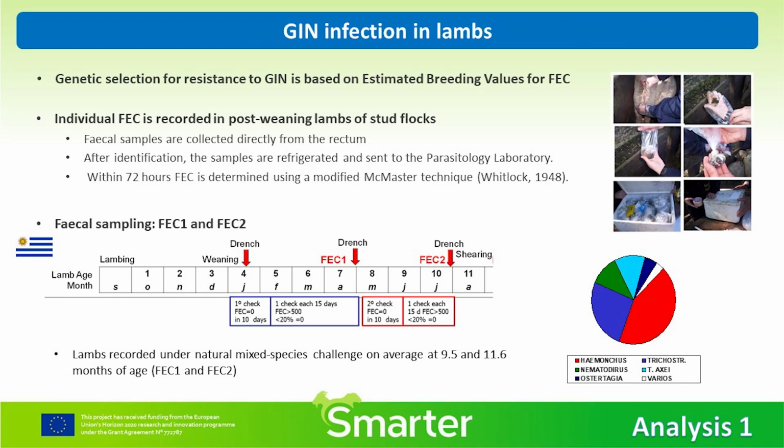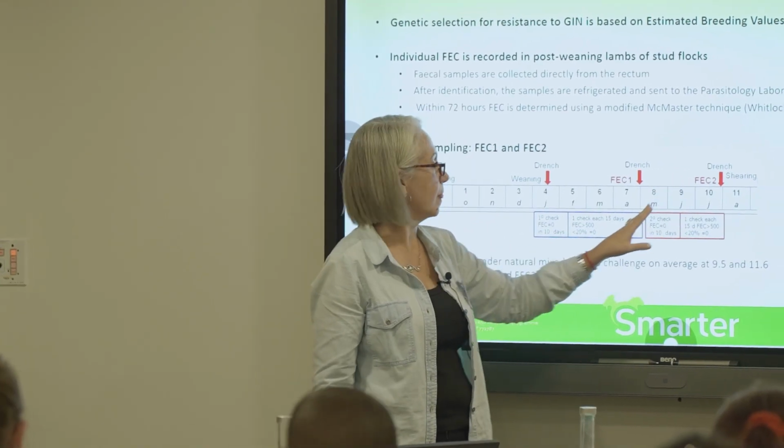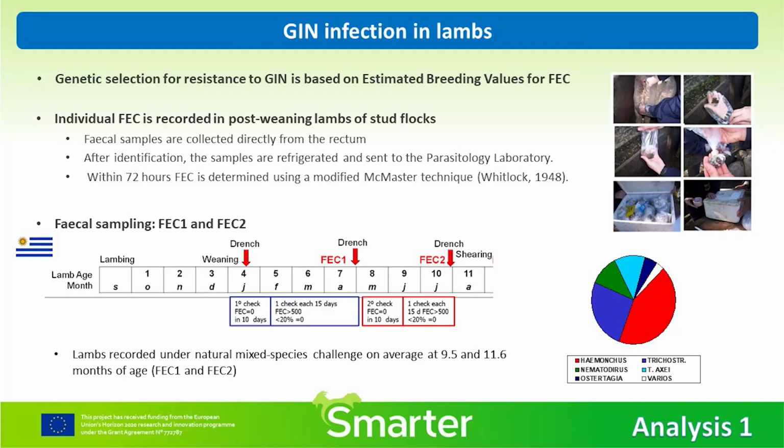Alternately, and because it implies increasing the accuracy of the measurement of FEC, of resistance to the parasites, the suggestion is to do 2 measurements. So after doing FEC 1, collecting the sample and sending it to the lab, a second drench is applied to the animals.